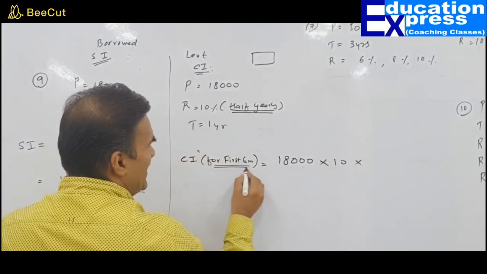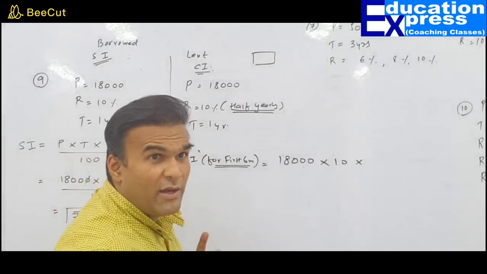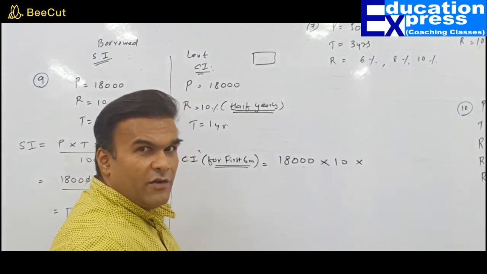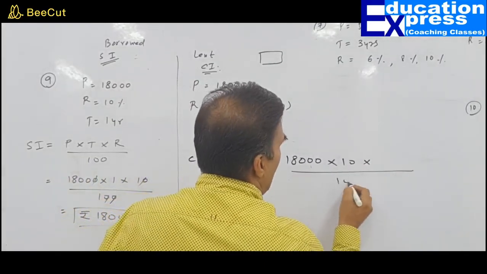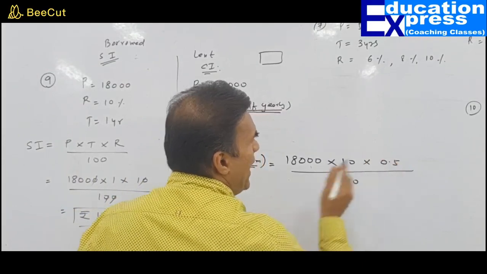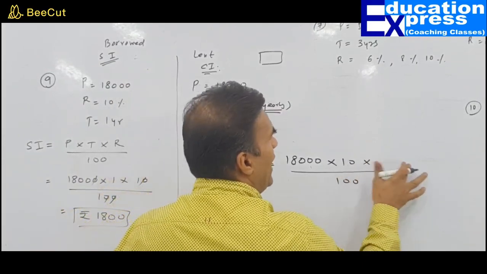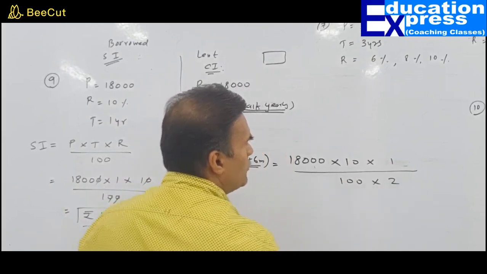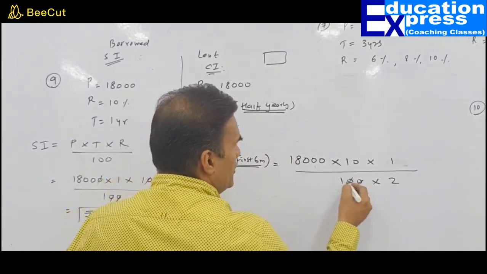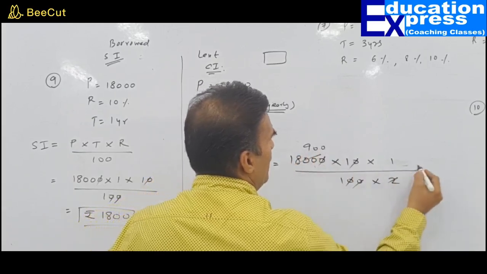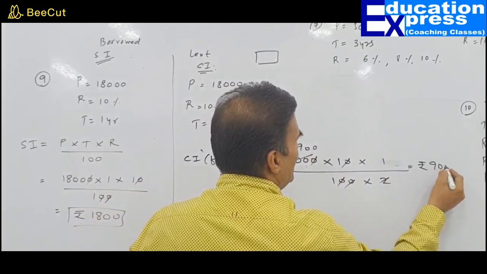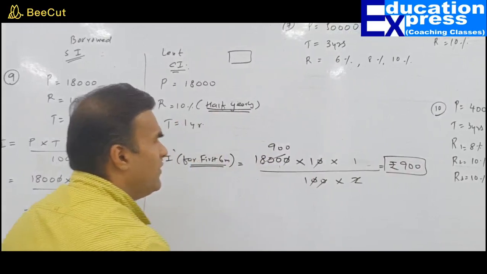First 6 months, because it is given in the question as half yearly. So 6 months means either you write 0.5 or half, 1 upon 2. The interest for the first 6 months is 900.